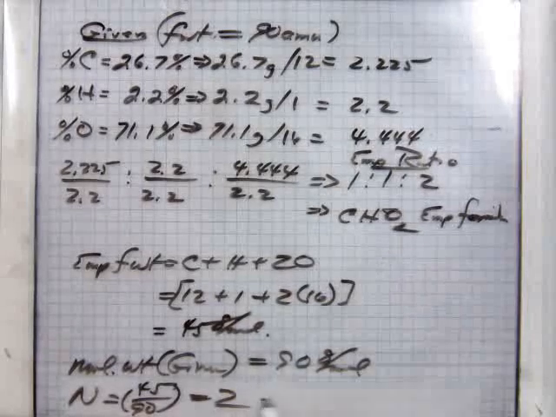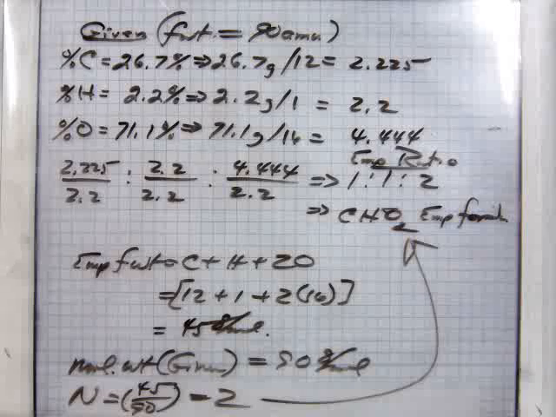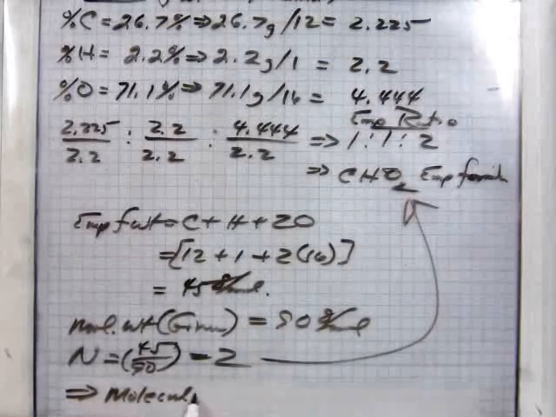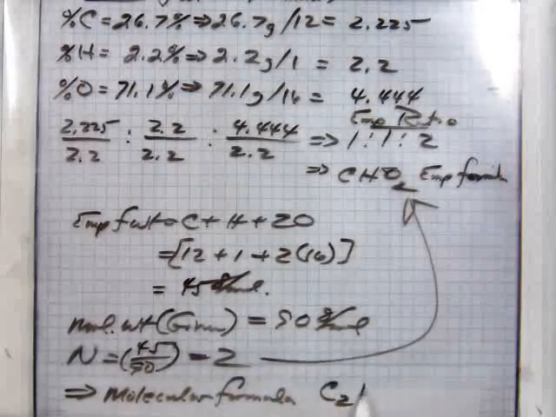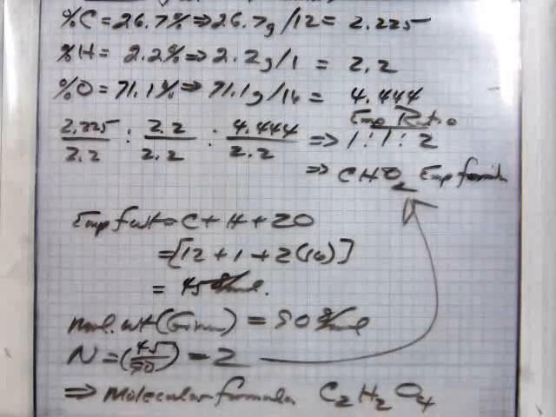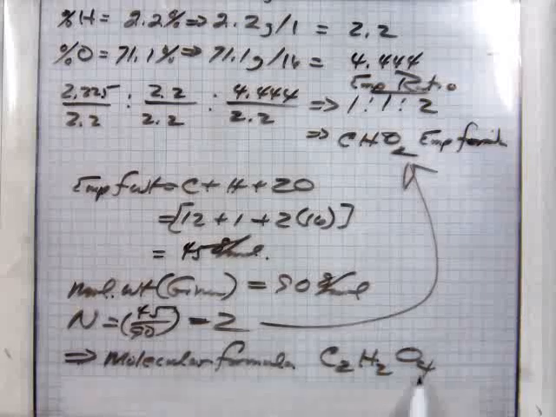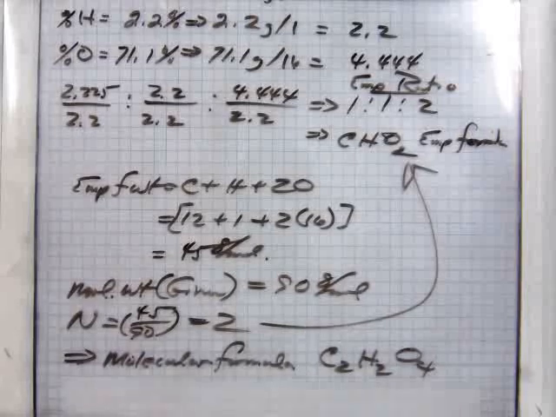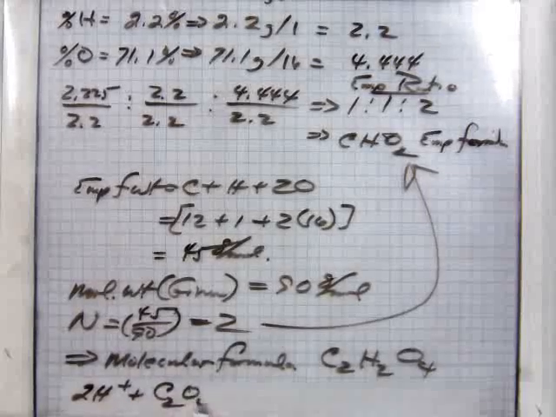So by applying the 2, distributing it through the subscripts of the empirical formula, we have the molecular formula C2H2O4, and I remember the oxalate is C2O4, and you put the H in the front, you have an acid that neutralizes the 2 minus: 2 hydrogens plus the oxalate, 2 minus.